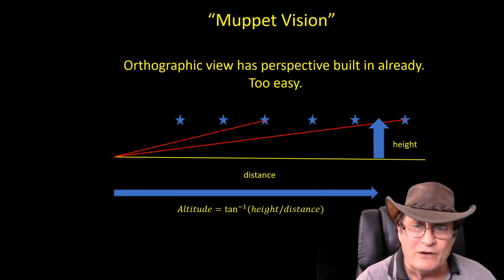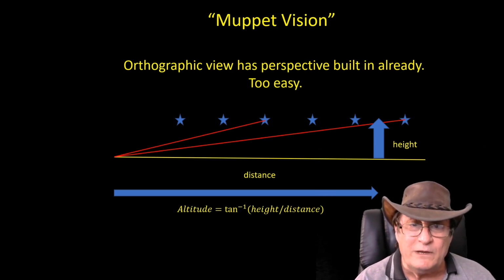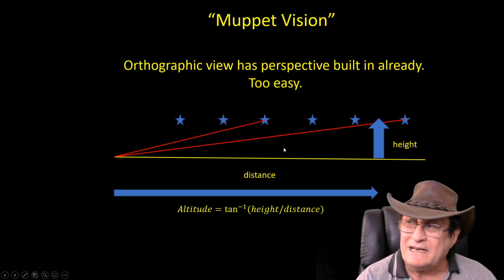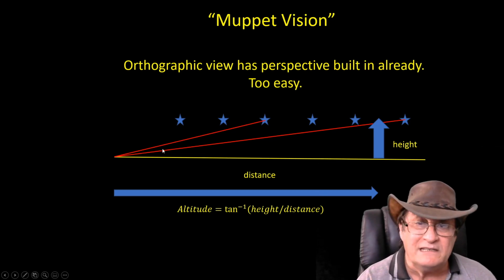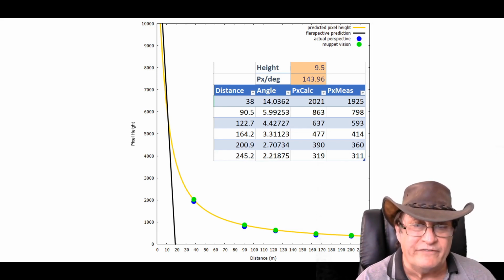This diagram is a representation of reality, and from this diagram we can calculate exactly what the perspective angle is for each of those street lights. And when we do that and we plot everything, we end up that the photograph agrees with the calculations made from the orthographic view.